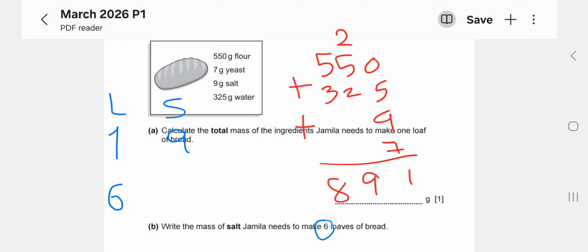The rule is just multiplying by the number: 1 times 9, and 6 times 9, 54. I will increase the amount of salt used from 9 to 54, because I'm increasing from 1 to 6, and here also we are multiplying by 6. 6 times 9, 54.